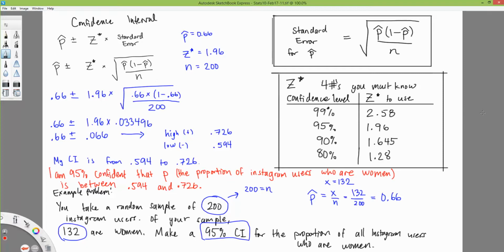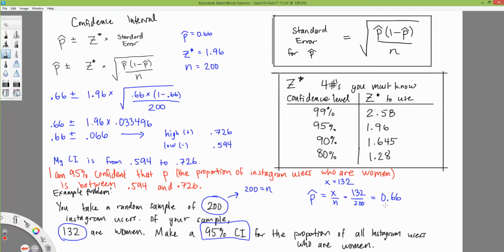If we take a sample of 200 people and 132 of them happen to be women, then we're confident that around 60% to 73% are women.